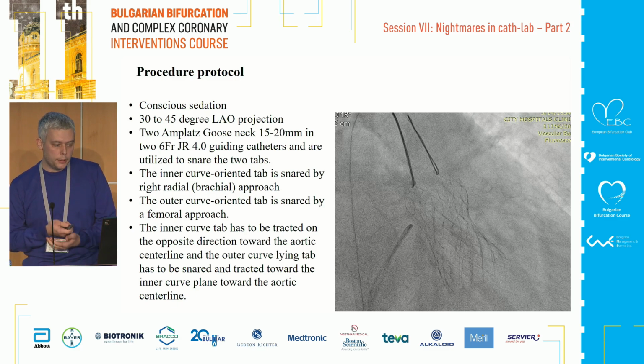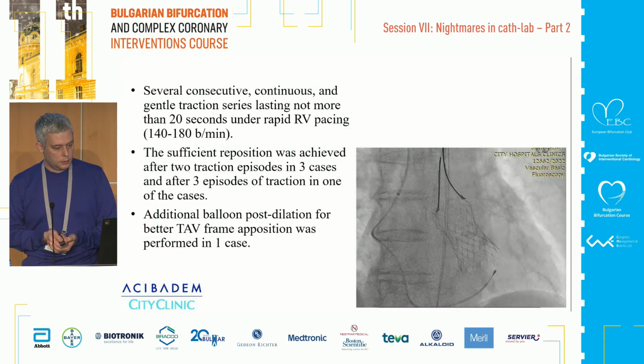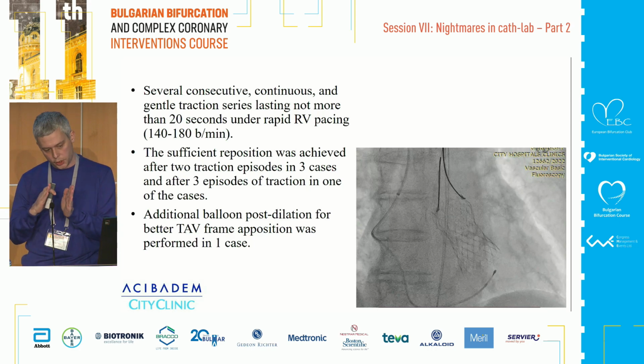What is more important, the inner curve orientated tab should be caught by an upper, radial or brachial approach, and the outer curve orientated tab must be snared by a femoral one. Only in this case, and during the rapid pacing, the manipulation is done by 2 operators. The traction is safe because it smashes the upper part of the implant, and in this way it is atraumatic for the ascending aorta.